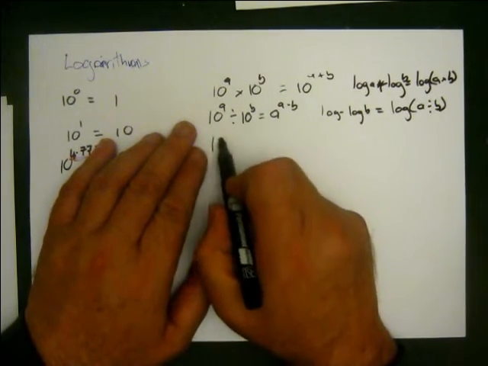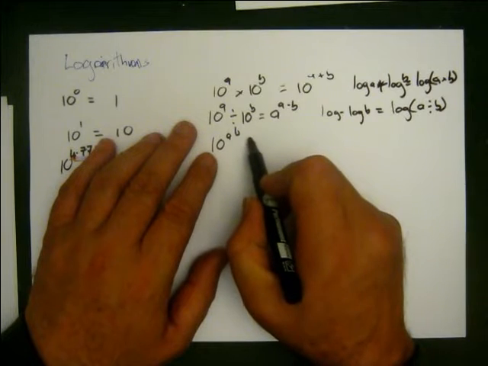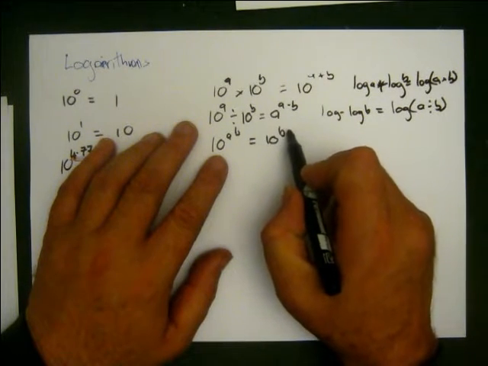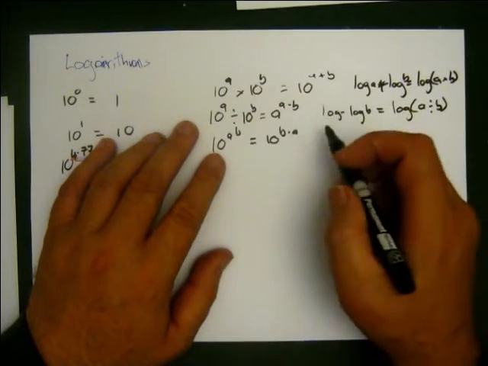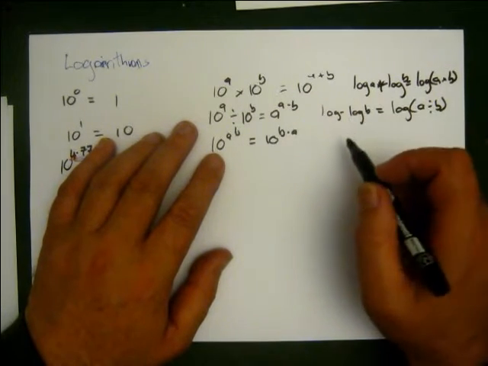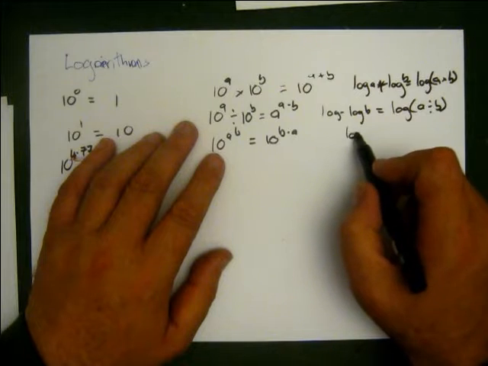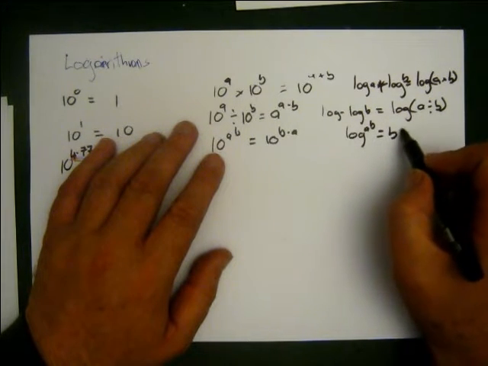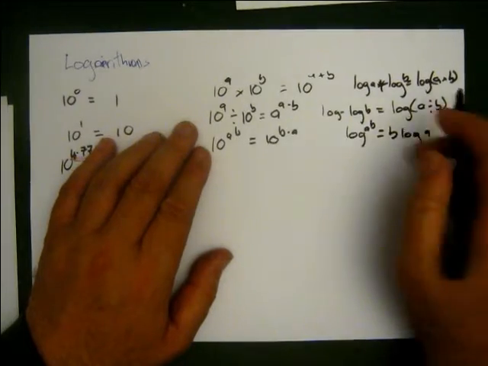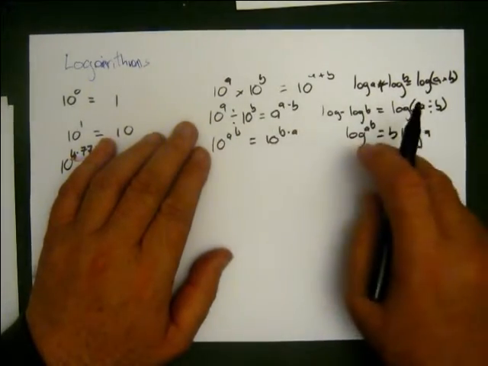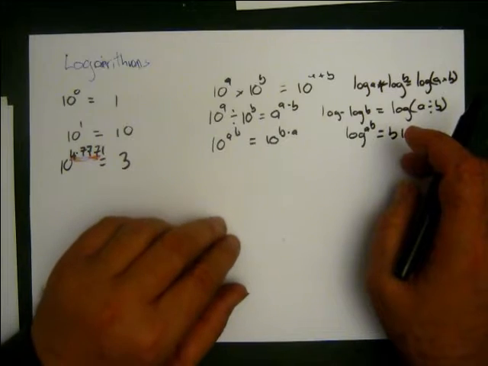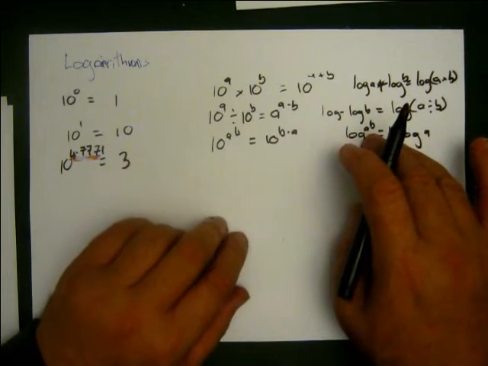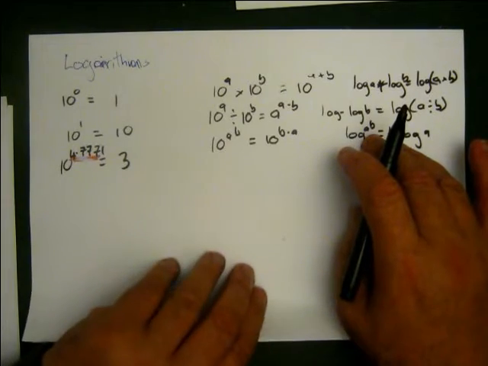And also we get 10 to the A to the power of B equals 10 to the B times A, because remember we can bring that down. And we get a log rule which is pretty much the same, which goes log A to the B equals B log A. So these rules are related. Basically if you can do the indice rules, then you can do your basic log operations.